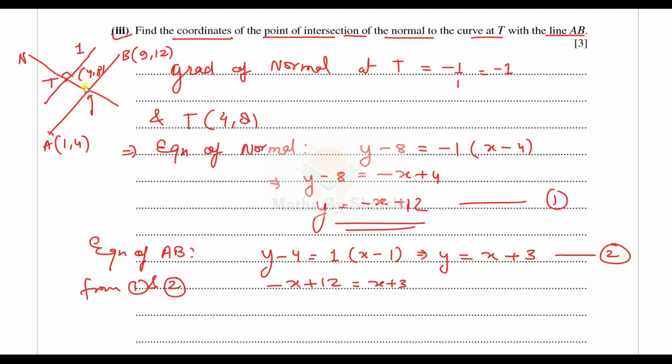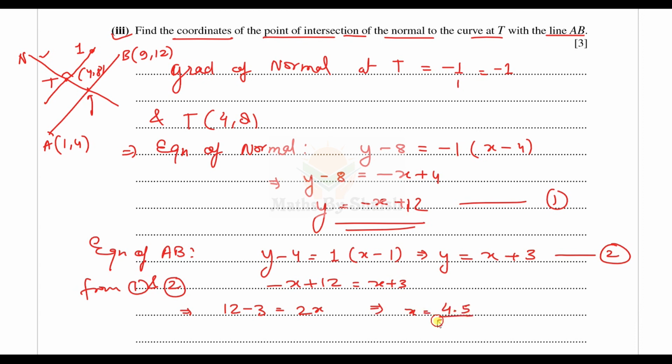Before that, if we have the gradient of the tangent, then we can find the gradient of the normal. We have the coordinates of one point, that is T, where we are going to draw the normal, and hence we have the equation. So now from here we'll get 12 minus 3 is equal to x plus x, because I'm transferring this over there, so 2x. So x will be 12 minus 3, 9 over 2, 4.5.